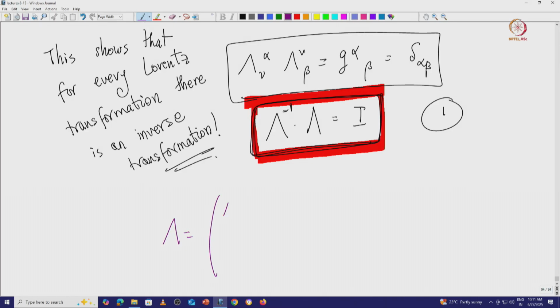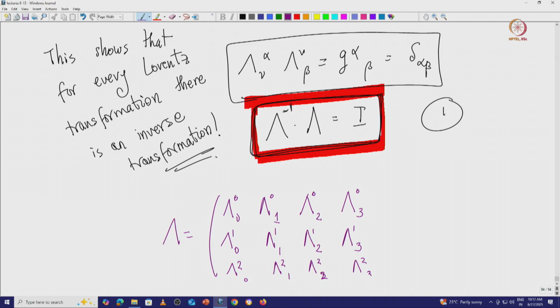Lambda is equal to lambda 0 0, lambda 0 1, lambda 0 2, lambda 0 3, lambda 1 0, lambda 1 1, lambda 1 2, lambda 1 3, lambda 2 0, lambda 2 1, lambda 2 2, lambda 2 3, and finally lambda 3 0, lambda 3 1, lambda 3 2, lambda 3 3. I am filling up all the elements in the most general format. Lambda 0 0, lambda 1 1, lambda 2 2, lambda 3 3 are your diagonal elements.